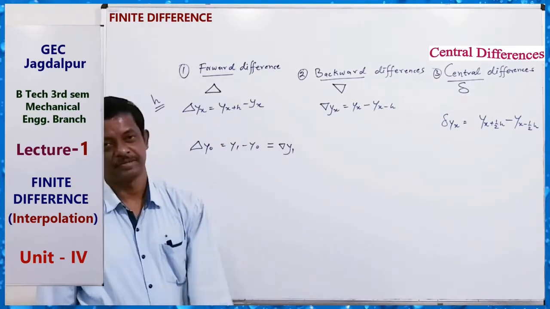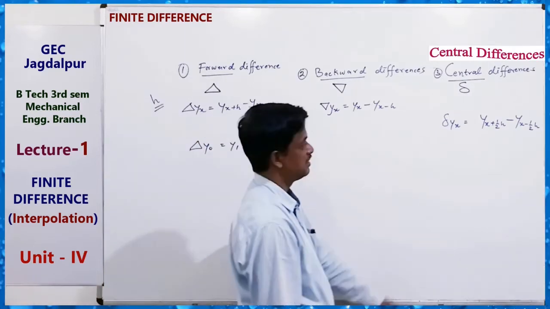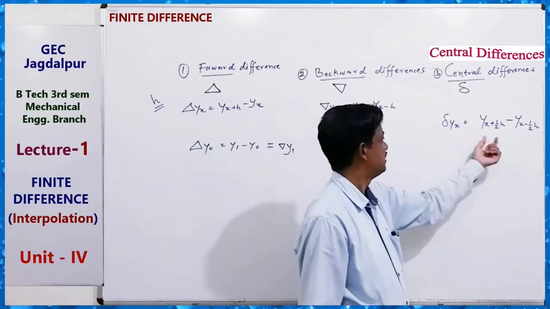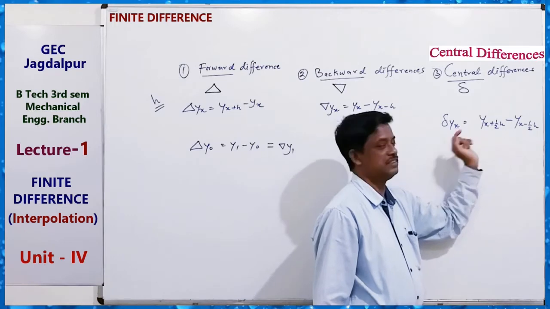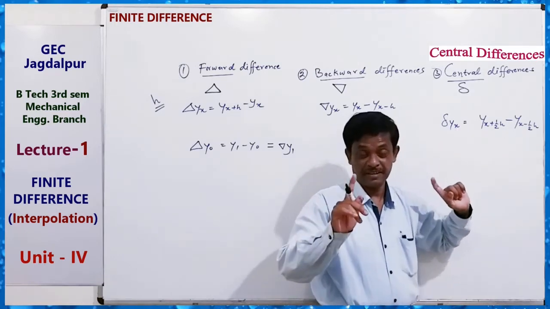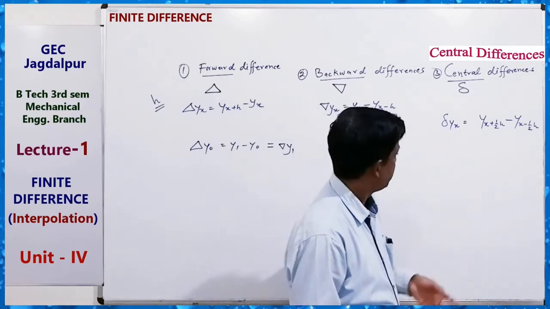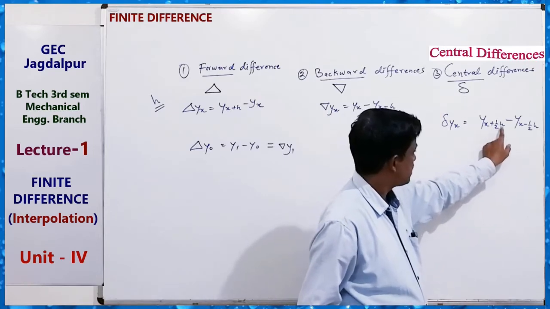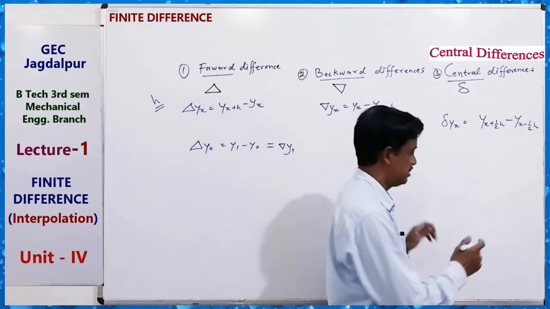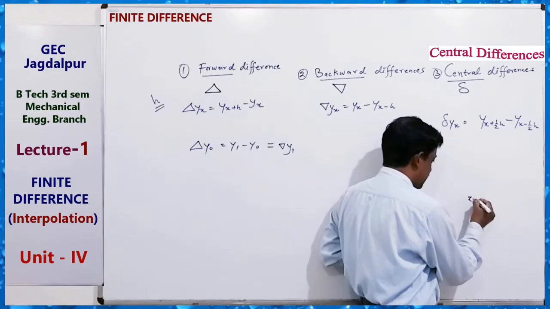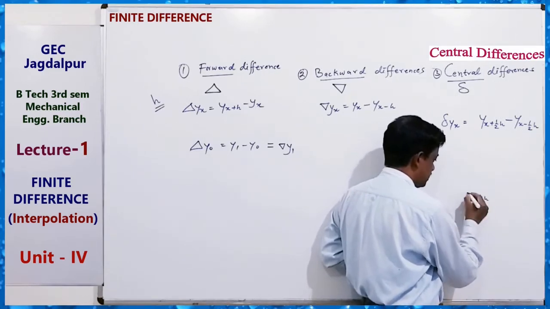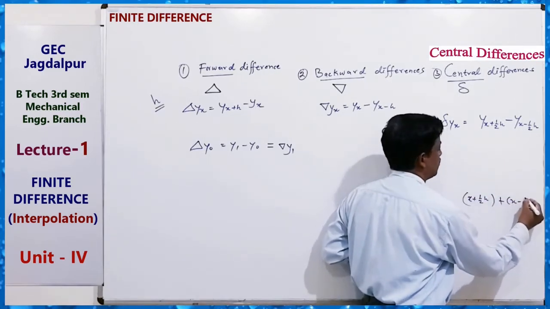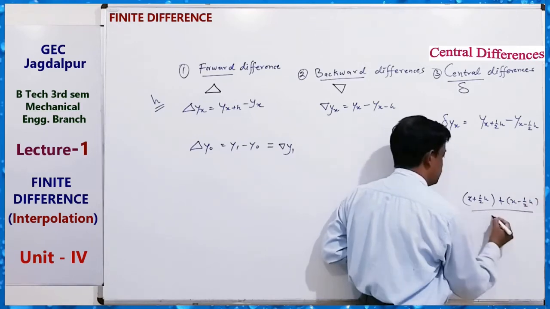That means its average is this. See here, x plus half h, x minus half h. That means x plus half h plus x minus half h, divided by 2.